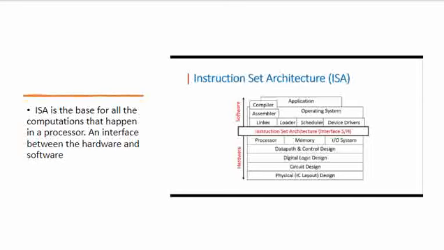That software could be an operating system, device drivers, whatever. So the instruction set architecture is an interface between your hardware and the software. This is where ARM and RISC-V differ. We will talk about this in the coming videos.